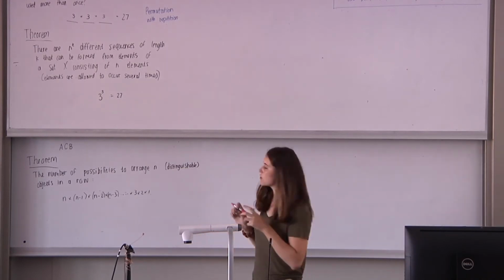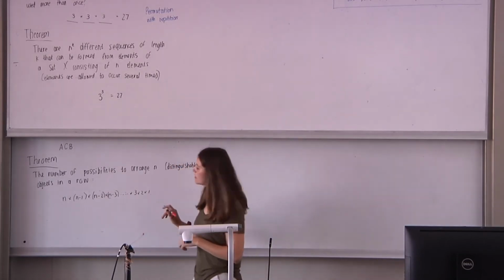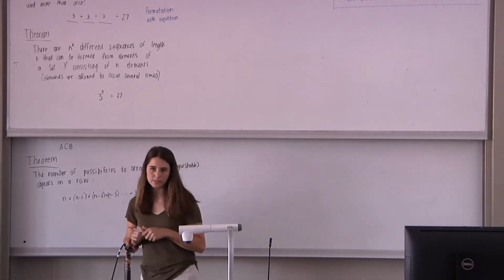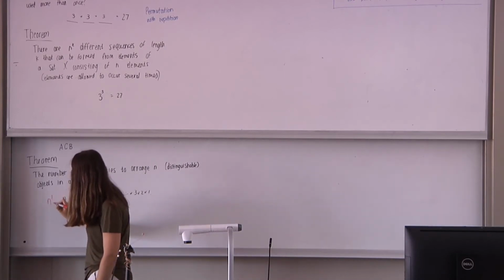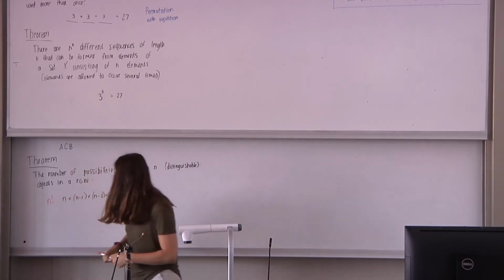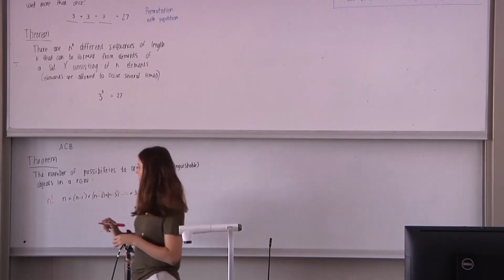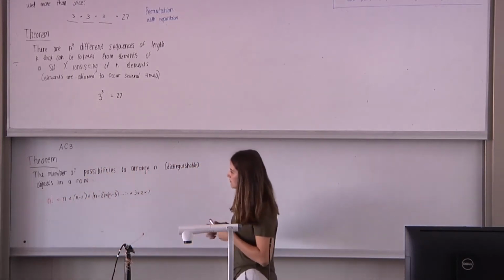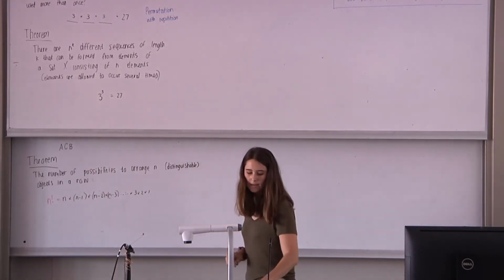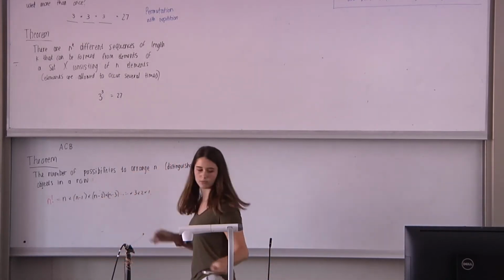Mathematically, an easier way to write this is the factorial function. We say n and then an exclamation mark. It's not just a very excited n. We call it the factorial function, and n factorial is equal to this.